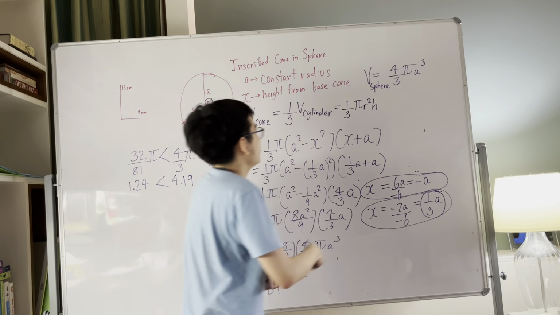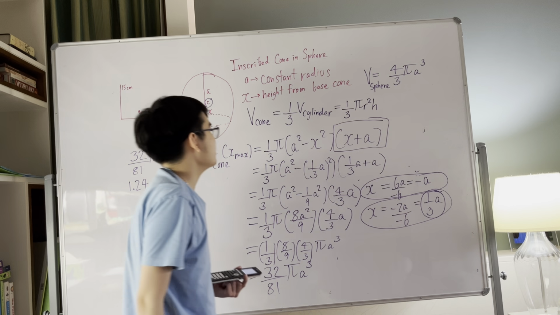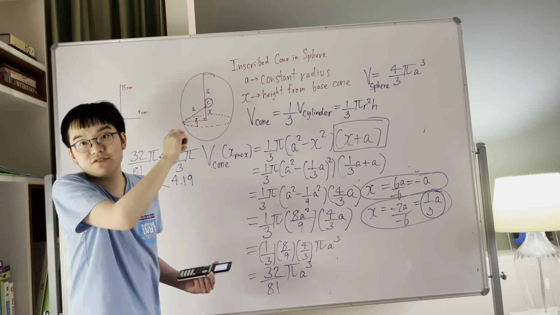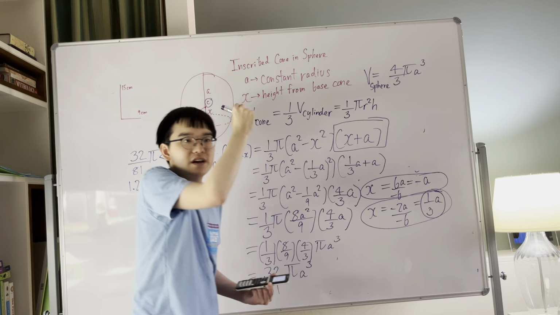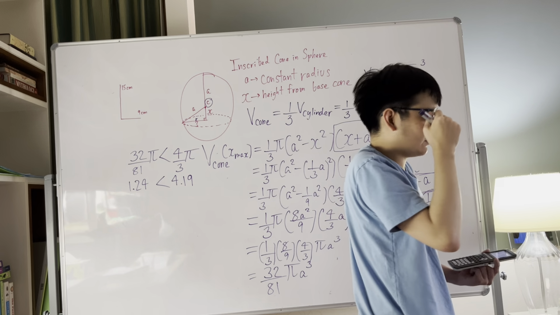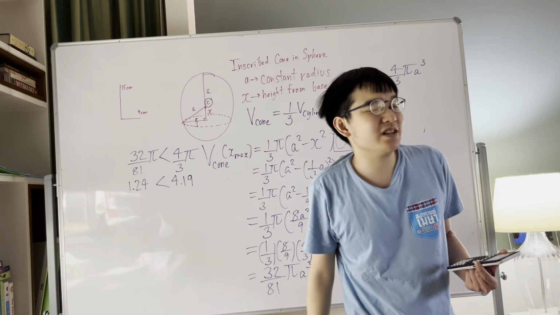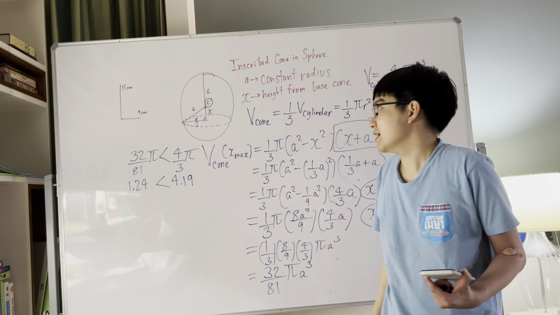I think it's possible that you could dispute the x plus a here and argue if it's x, if you have to constrain that cone such that its apex, or its tip of the point, has to lie within the center of the cone. But I don't think we need to make that requirement, hence why I made it x plus a.